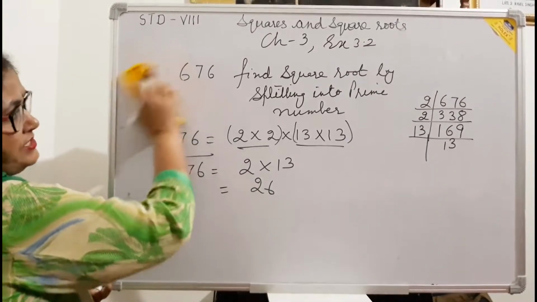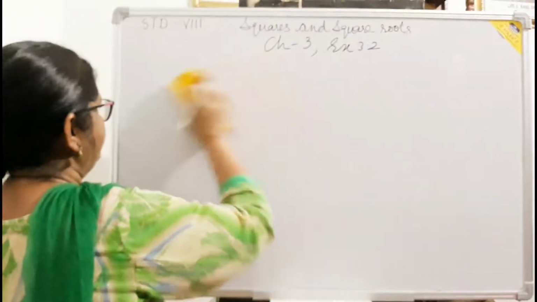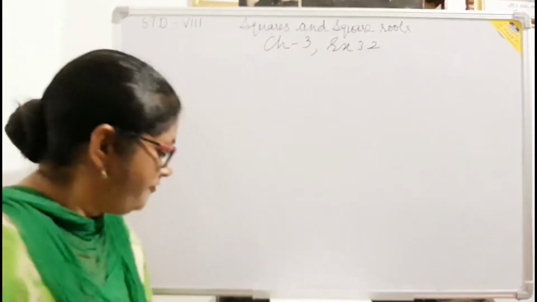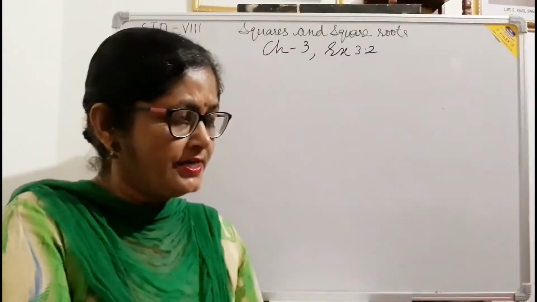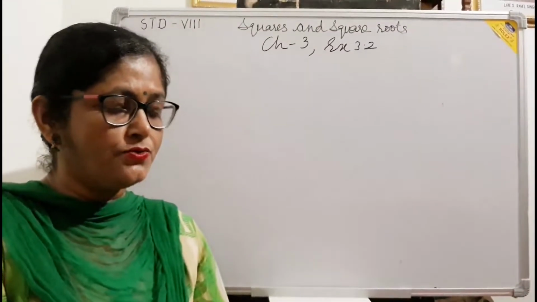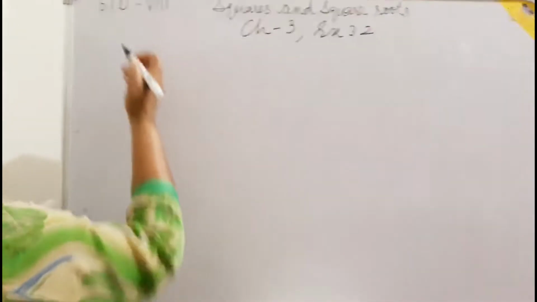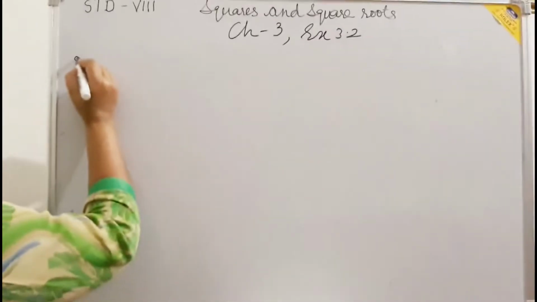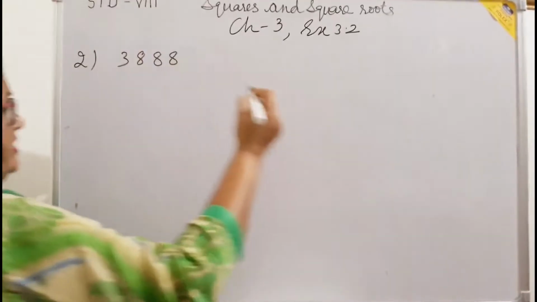Now second question. Find the smallest number by which 3888 should be multiplied so that the product is a perfect square. Means we should find the prime factorization of 3888.